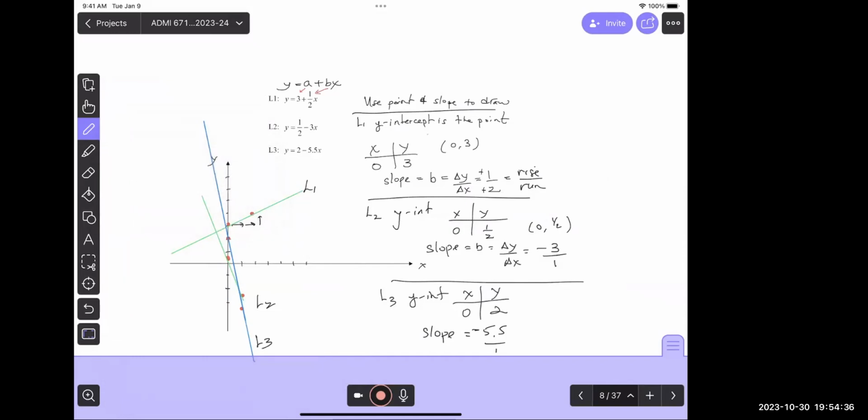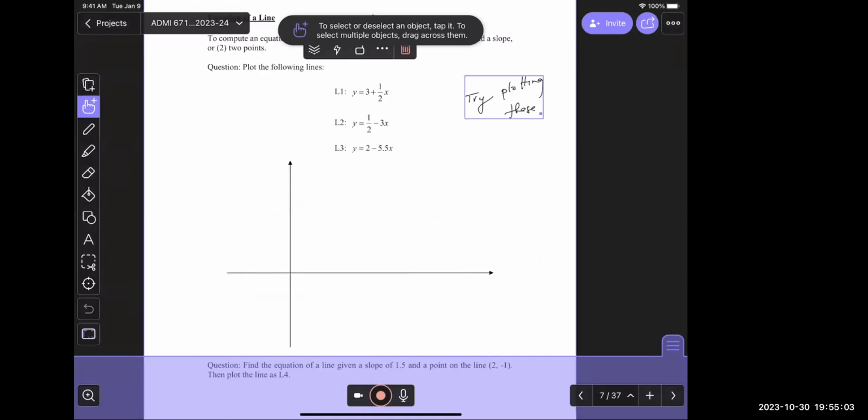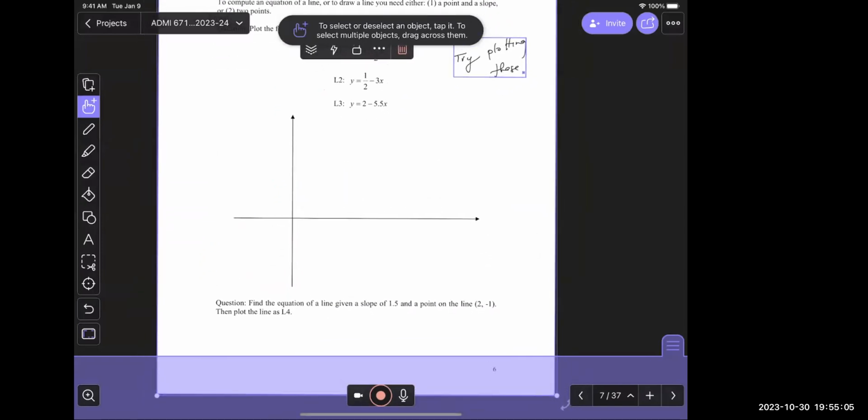All right. Okay, so now that we're good at drawing and visualizing lines, now let's go to doing it the other way. I give you the point and the slope, and you give me the line.